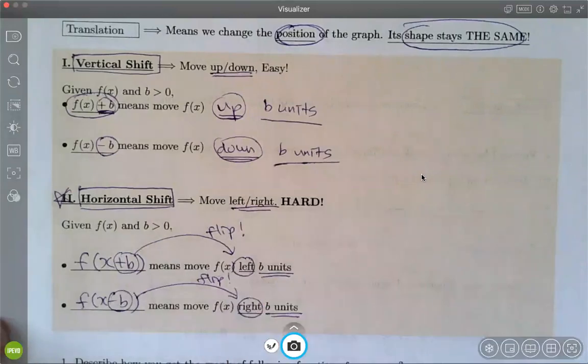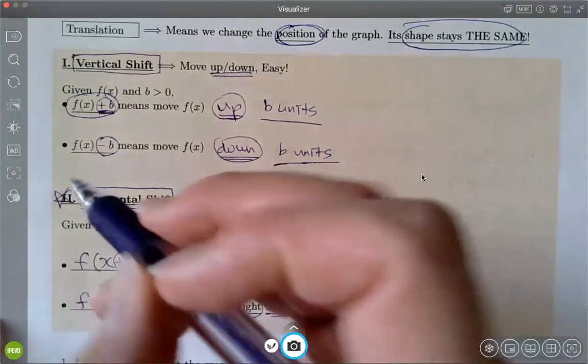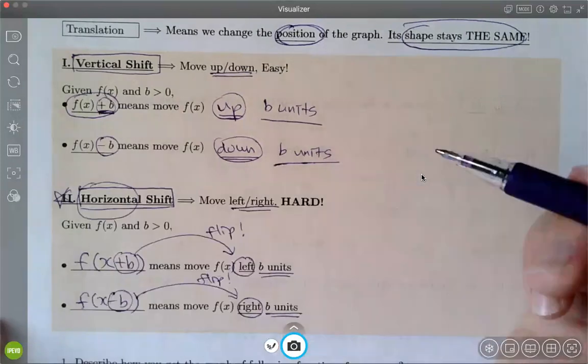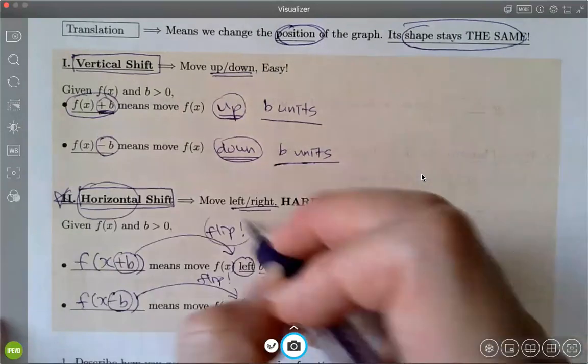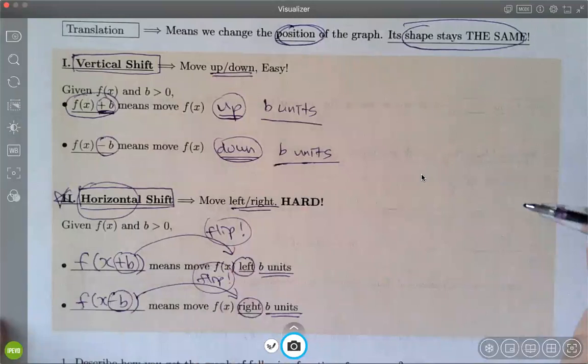Okay. So as a hint, whenever you come across the word horizontal, remember that you have to think backwards. Okay, so in other words, you have to flip it, like you have to think backwards. So that's why this is the hard part.